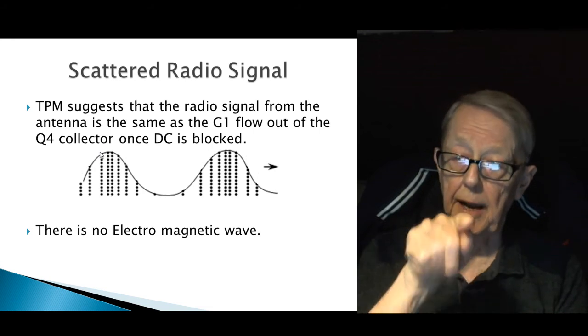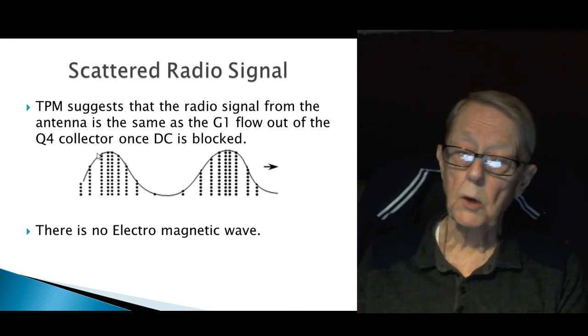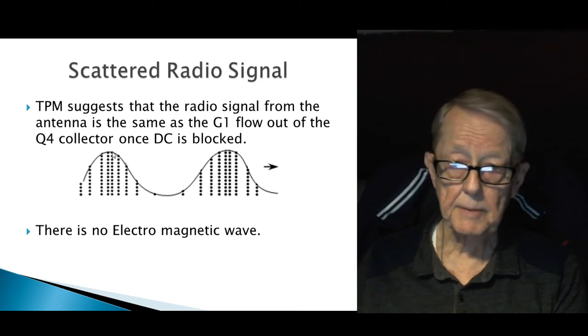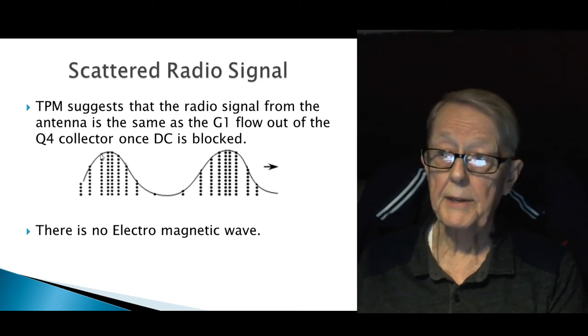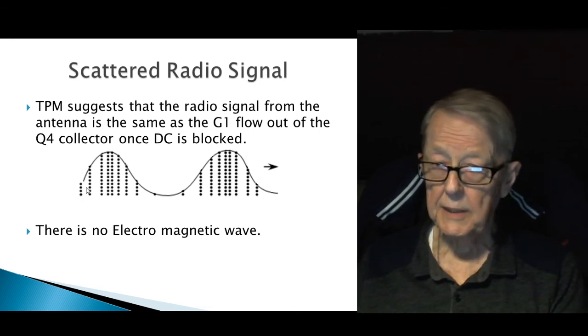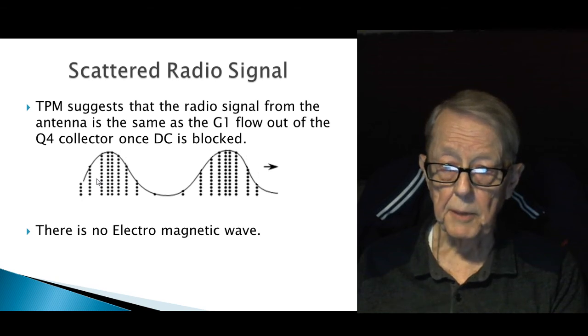Or they can hit atoms and scatter in all directions. Or they can get trapped. They could actually get trapped and get locked in, if they happen to be at the right speed, right direction. They could become an orbital of the antenna. Maybe not for long, but there it is. This is not an electromagnetic wave that is being emitted from the antenna.